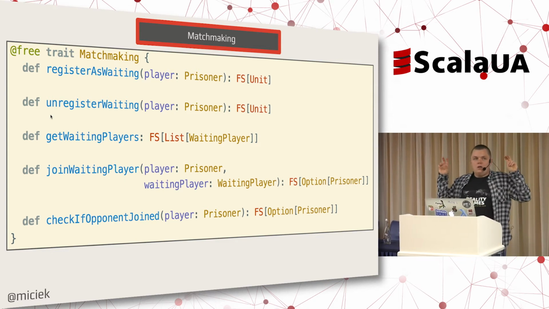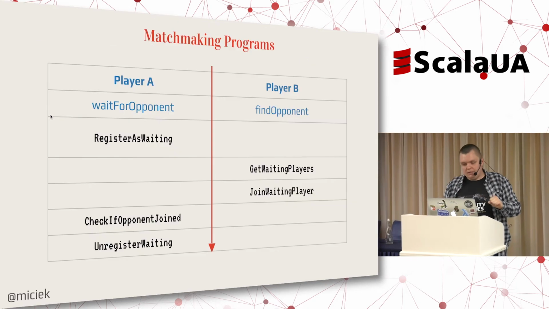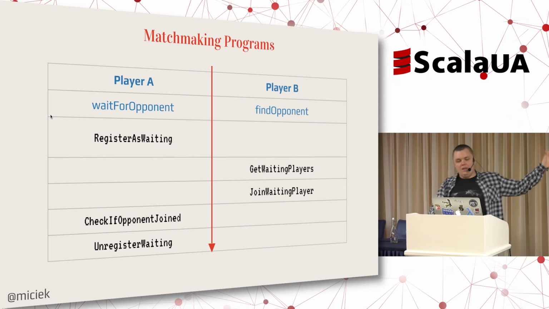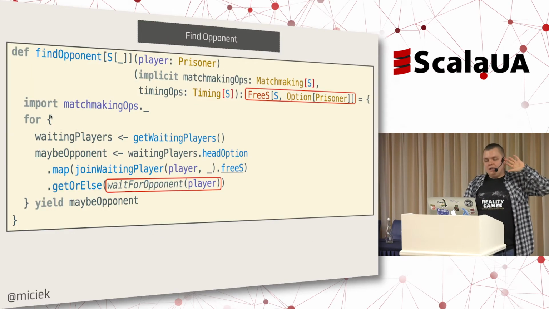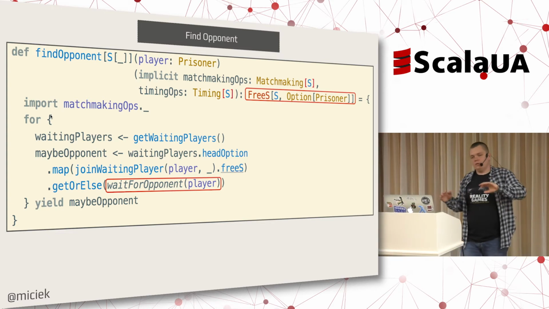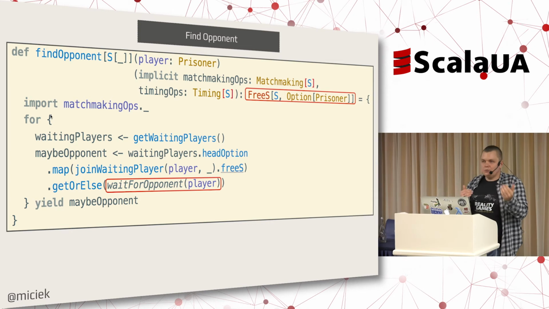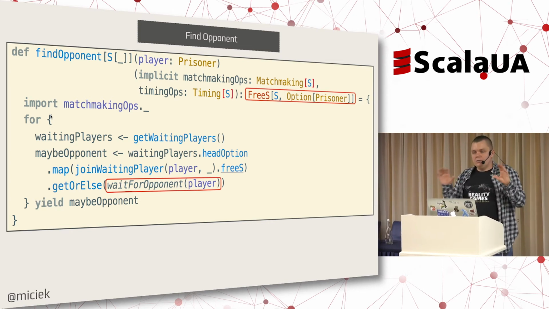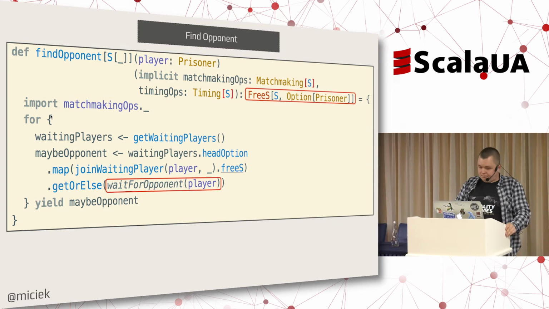So 5 operations that we can reuse in these kinds of boxes: wait for opponent and find opponent, right? And again, there is nothing here about Akka remoting, about TCP, sockets, and so on and so forth. So we are just creating programs that on the semantic level are algorithms for the network players.